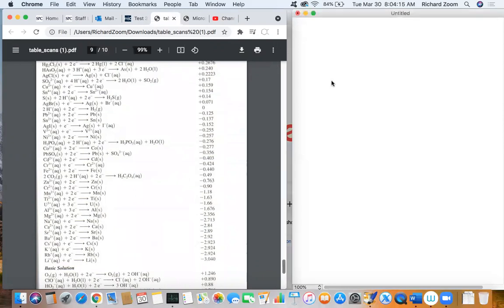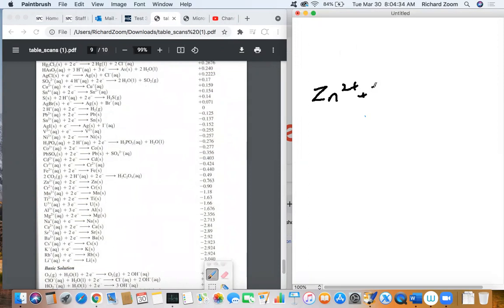reduction potential. I'll do this from scratch here so you can see. Zn2+ plus 2 electrons. This is the only thing that involves zinc at all.